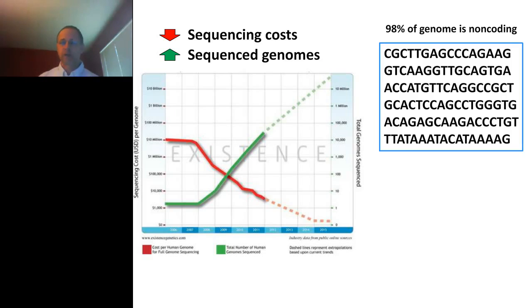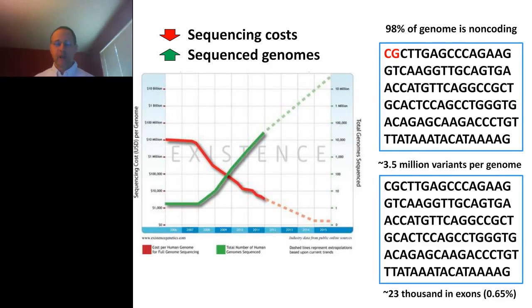Just to illustrate this through the slide, only these two base pairs will actually be coding exons, which code for a protein. All the rest of the genome that we sequence is non-coding, where a lot of these enhancers and regulatory elements may lie, where we still don't really have a good understanding of their function and what they do. In addition, in terms of variation, whenever we sequence a genome, we get on average 3.5 million variants, and only a very small number of them, 0.6%, are in coding exons.